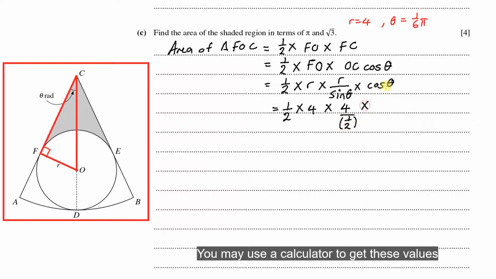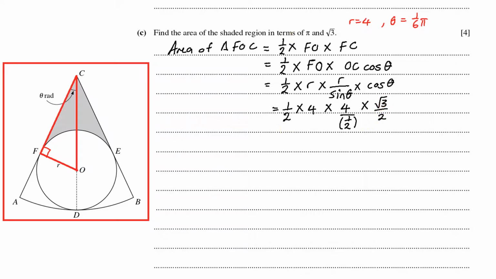And then that's times cos theta, which is cos of a 6th pi, which is root 3 over 2. So we can now simplify this to give us half times 4 times 4 divided by a half is 8, and then that's times root 3 over 2. And finally, half times 4 is 2, and 2 times 8 is 16, and 2 into 16 gives us 8, so we get 8 root 3 for the area of FOC.